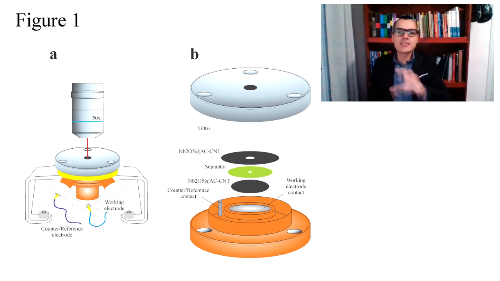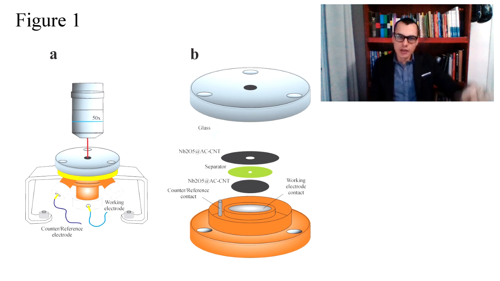A stainless steel cylindrical contact electrode is present on the bottom of the cell, acting as the working electrode electric contact. Next, the carbon-based material decorated with niobium electrode is placed on the electric contact, and a mesoporous membrane was used to separate the working electrode and counter reference electrode.